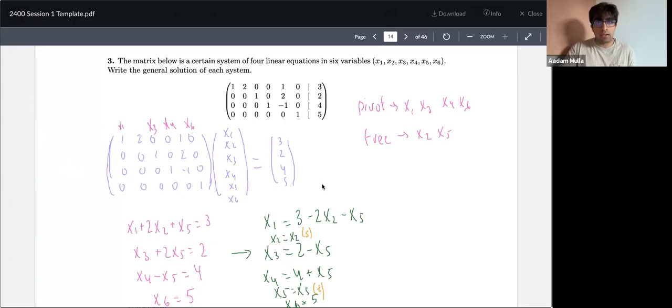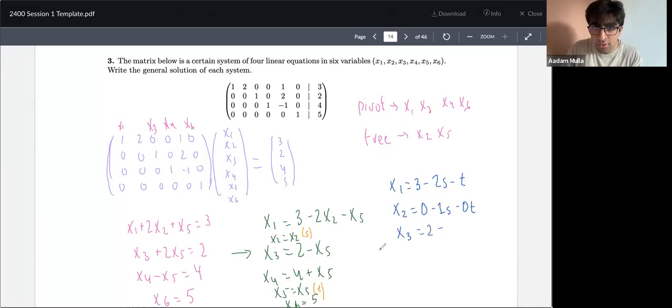Sorry about that. x1 equals 3 minus 2x2, which is 2s, minus t. x2 equals s itself, so let's write it as 0 minus 1s minus 0t. x3 equals 2 minus x5, so that's 2 minus 0s minus t. x4 equals 4 plus x5, so 4 plus 0s plus t. x5 equals 0 plus 0s plus t.